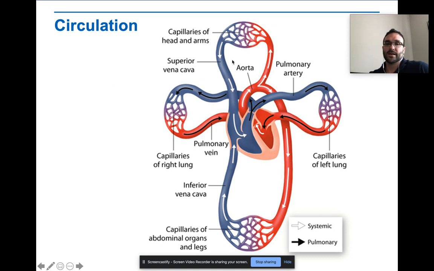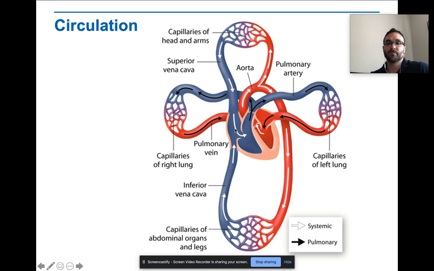So again, we're going to go a little bit more in depth later on with this, but essentially we have two entrance points into the heart. We have the inferior vena cava for all of the blood coming from the bottom part of your body, and then we have the superior vena cava coming from the upper torso.